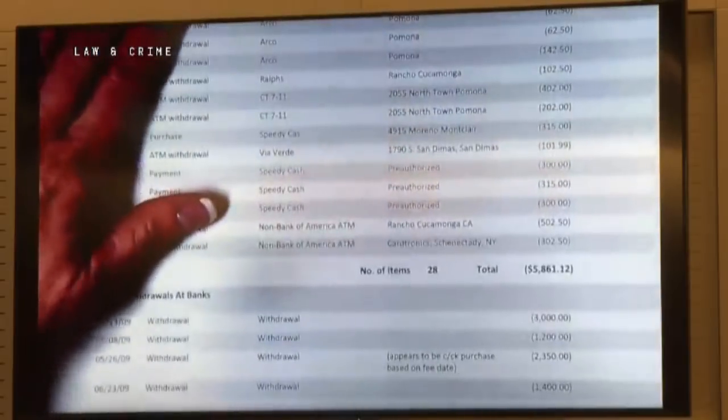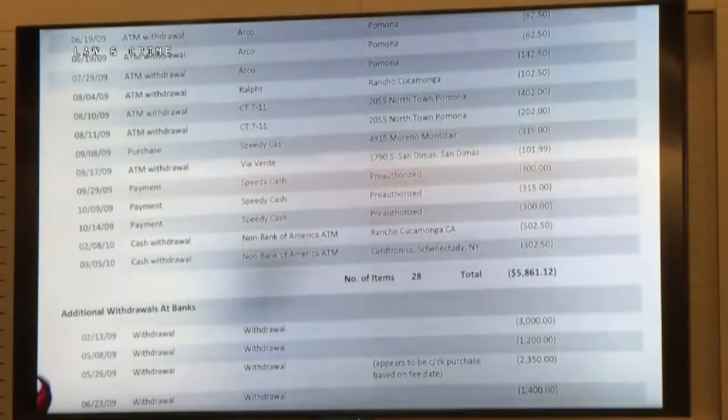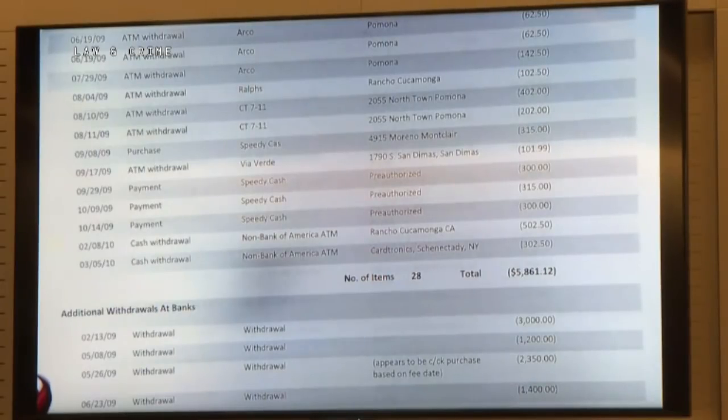And then on page 7, did you total out what those amounts were? Yes, there were 28 items totaling $5,861.12. Now, I noticed that you included the Speedy Cash in here. Yes. Those are actually repayments of borrowing cash. Okay.